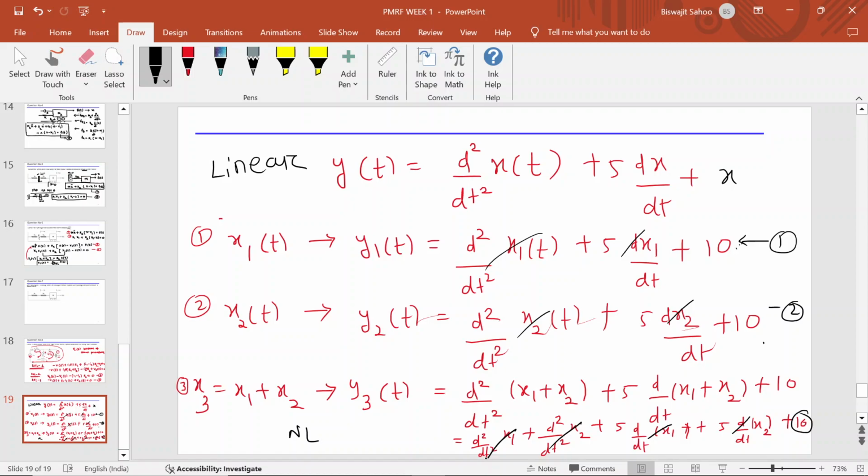Like y equal to mx is a linear system, but whenever you add c, a constant term, that makes it a nonlinear system. In place of this 10, if I write x, then that makes it linear. That constant addition will make the system nonlinear.